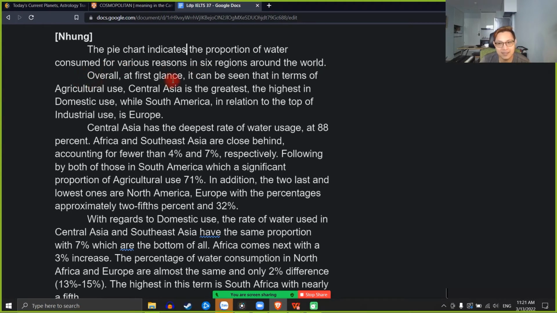Overall, at first glance, nhìn liếc qua lần đầu tiên, it can be seen that, có thể nhìn thấy rằng, in terms of agriculture use, you don't need to capitalize this, không cần phải viết hoa này. Central Asia is the greatest. What?